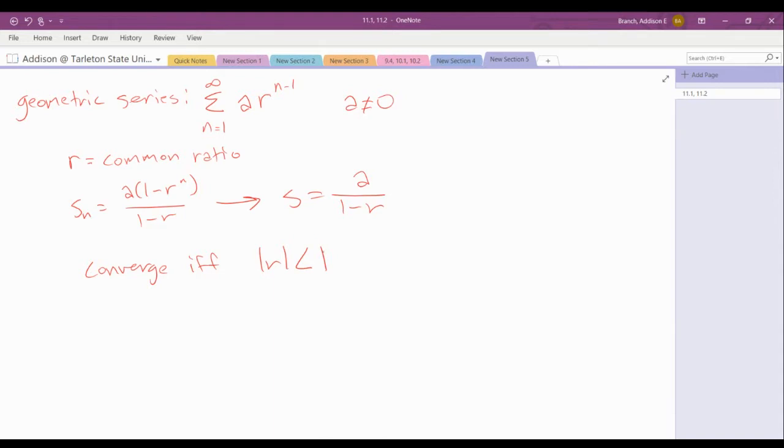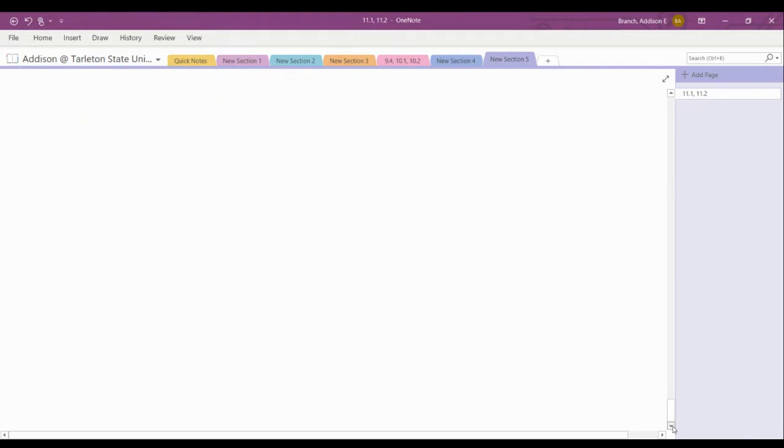All right, we're going to do a couple of quick examples of these. For these, we want to figure out if they're convergent or divergent and find their sum. Our first one is the summation of -3 to the n minus 1 over 4 to the n. Of course, we need to be in the form a times r to the n minus 1.